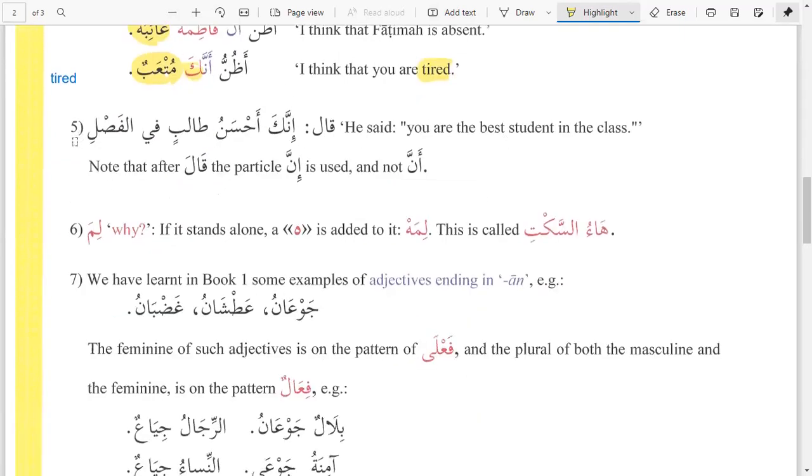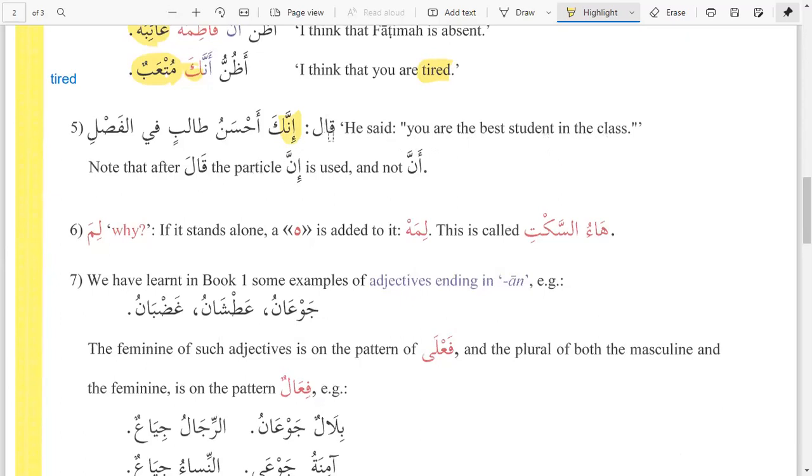And one more thing we will learn in the lesson: if there is qala, he said, then innaka ahsanu talibin fil fasli. He said, you are the best student in the class.